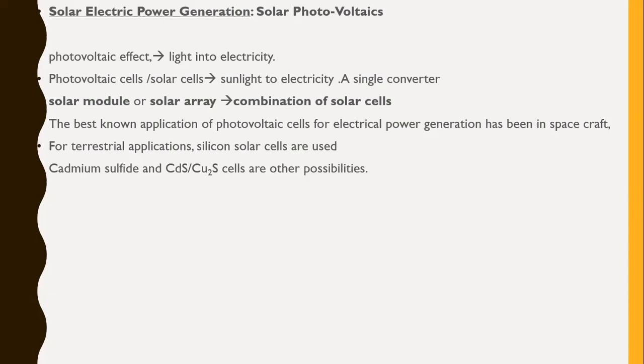A combination of such cells, that is, a number of cells, is designed to increase the electric power output. This combination of such cells is called a solar module or solar array.